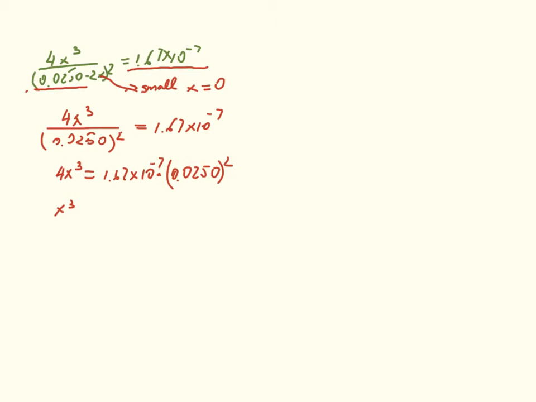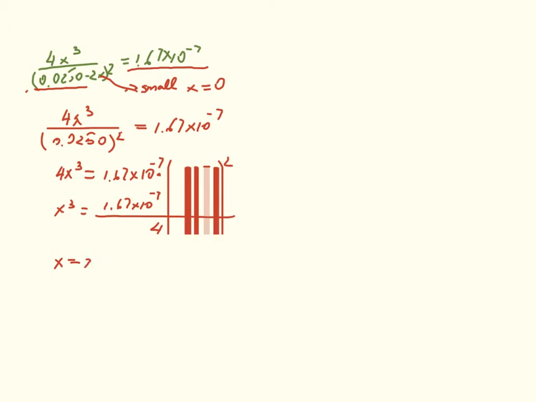then x cubed equals 1.67 times 10 to the power negative 7 times 0.0250 cubed over 4, and x is 2.97 times 10 to the power negative 4. Let us do the approximation check.